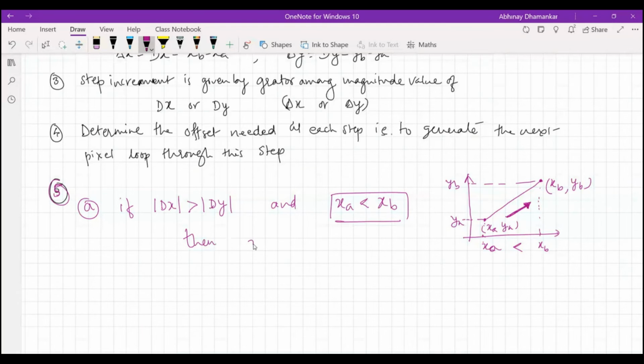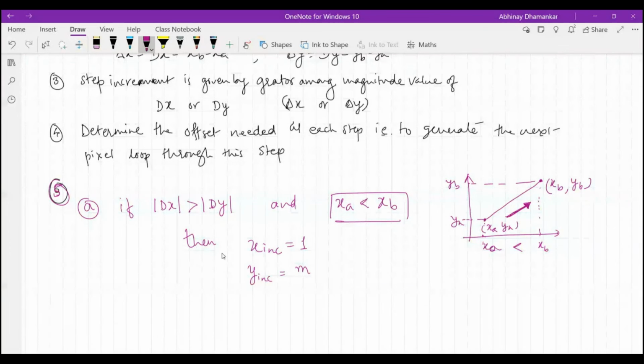Then x increment will be 1, and y increment will be depending on the m value, नीचे से ऊपर, right?